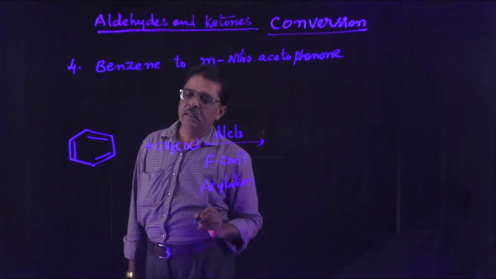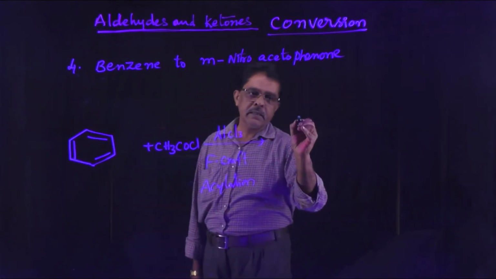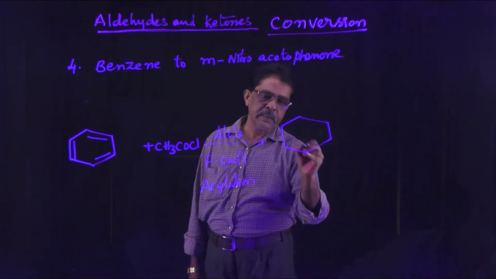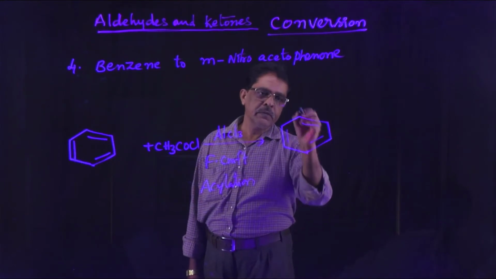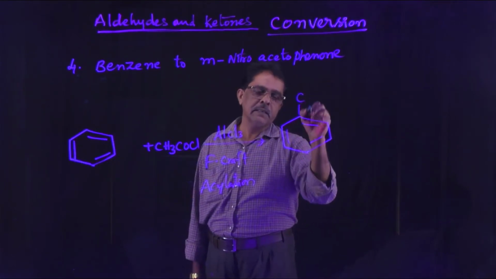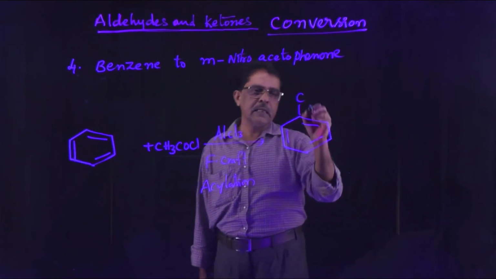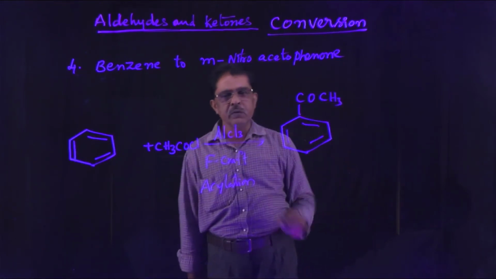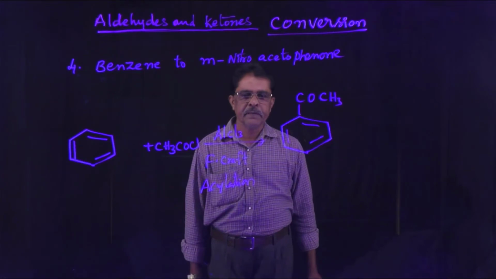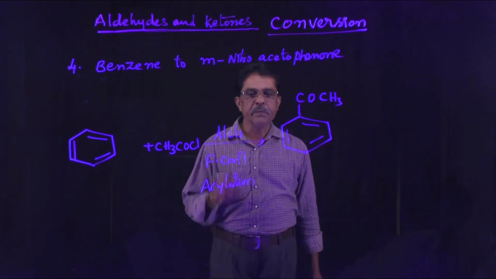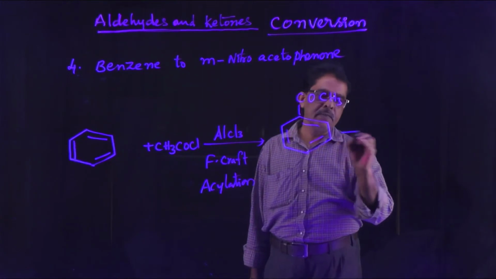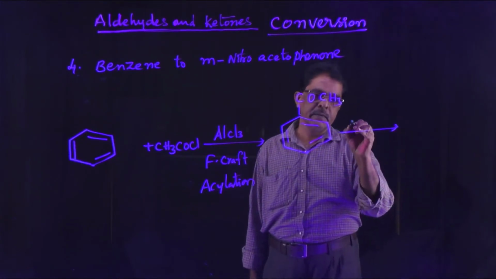Acylation reaction. Then you will get acetophenone. This acetophenone, formula CH3C6H5COCH3 (C6H5COCH3), has a group that is a ring-deactivating, meta-directing group, so it is again subjected to nitration.